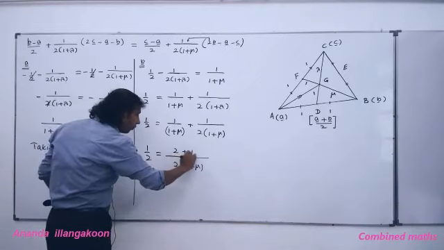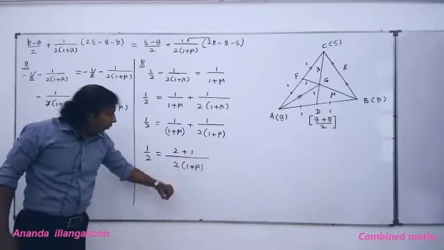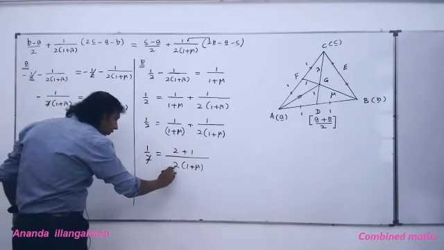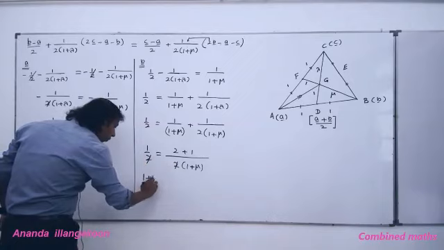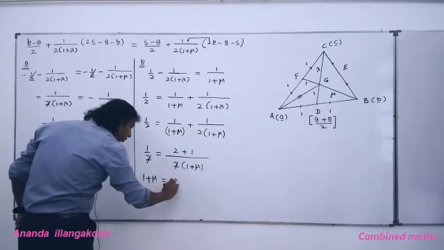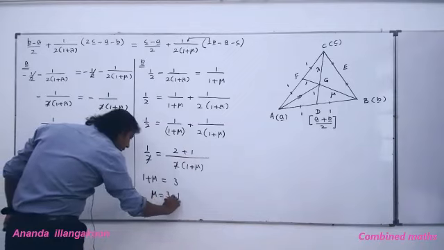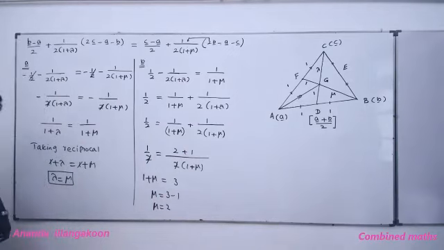2 plus 1. Why? Our common denominator is 2 times 1 plus mu. Therefore, this should be multiplied by 2. Then people, you can cancel down this and this. Use the cross multiplication to this end. 1 plus mu is equal to 2 plus 1 is 3. Bring this 1 to right hand side. Mu is 3 minus 1. Mu is 2. When mu is 2, people, mu and lambda being equal, no?